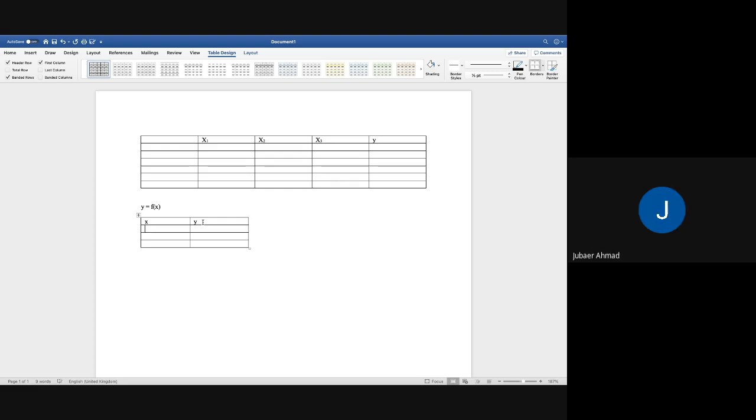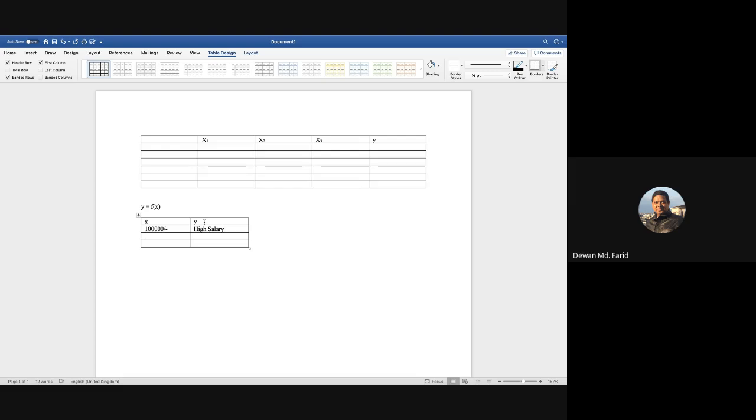Say, for example, if x is 1 lakh taka, then we can say y is a rich man, or high salary.